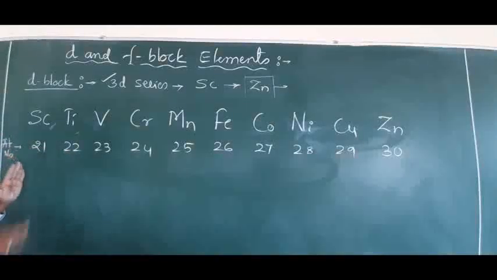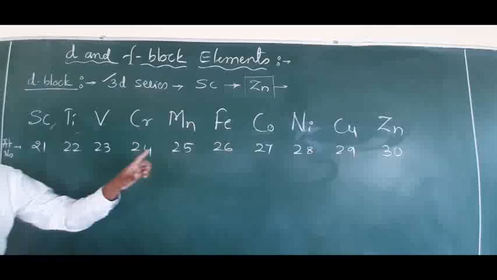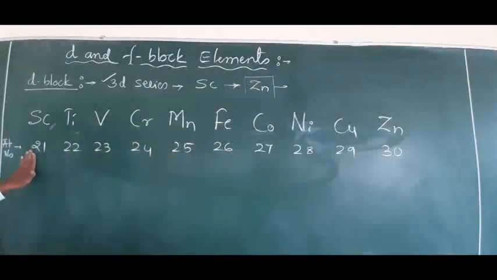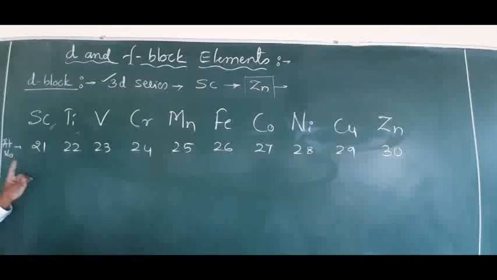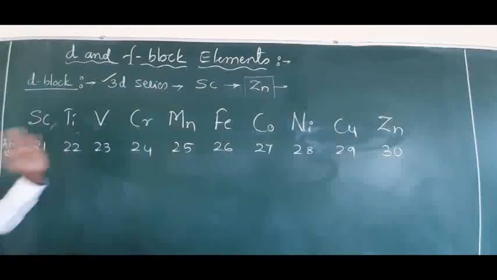Only because of these 10 elements, friends, you can earn minimum 4 marks from this year. The topic D block as well as coordination compounds with corresponding atomic number. Atomic number ಬರಬೇಕು ಮಕ್ಕಳೇ, ಅದಕ್ಕೆ ಸಂಬಂಧಪಟ್ಟಂತ ಎಲಿಮೆಂಟ್ ನಮಗೆ ಗೊತ್ತಿರಬೇಕು. So this is a brief introduction part of your 3D series elements.